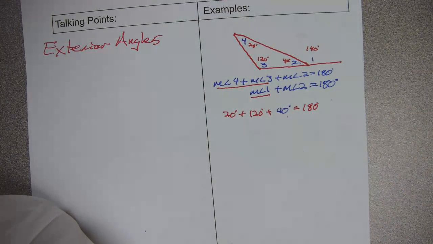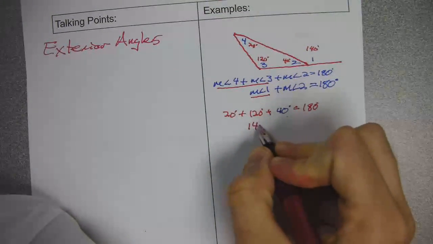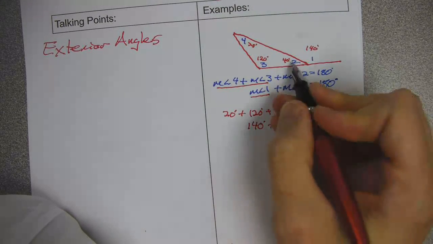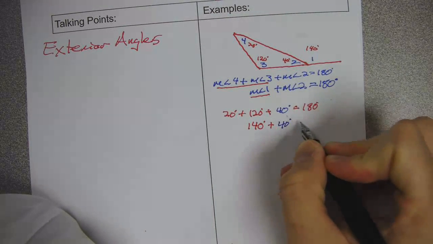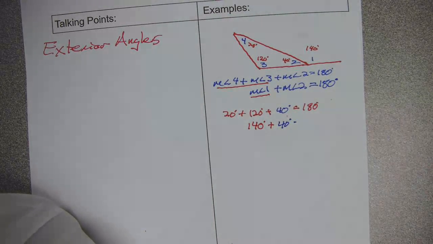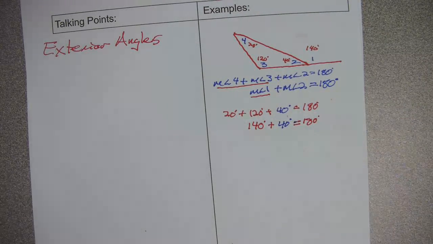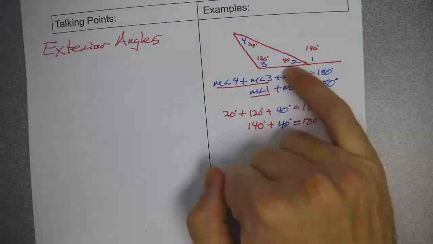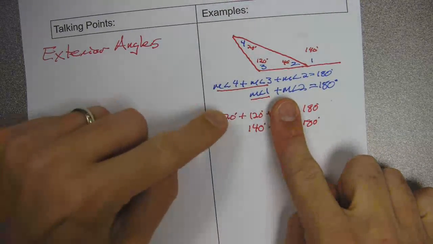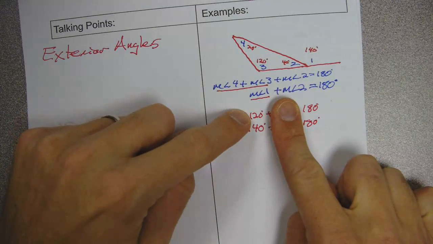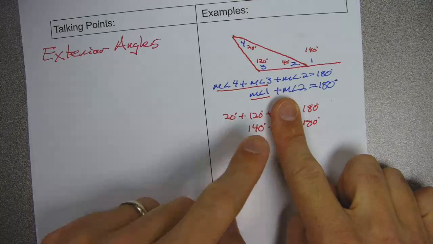We said angle 1 is 140 degrees plus angle 2, which we said was 40 degrees, and that's also equal to 180. So notice angle 2 in both of these situations is the same. Here's angle 4, here's angle 3, and if I add them together, it's the same as this exterior angle.